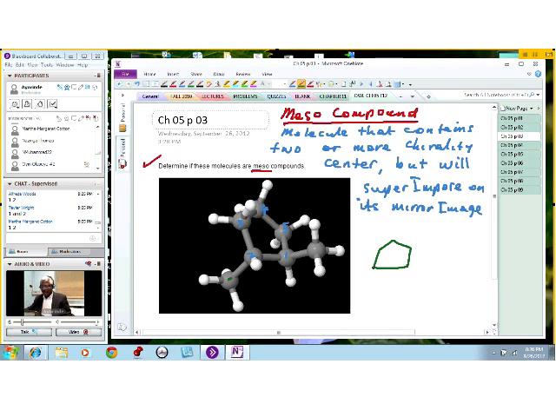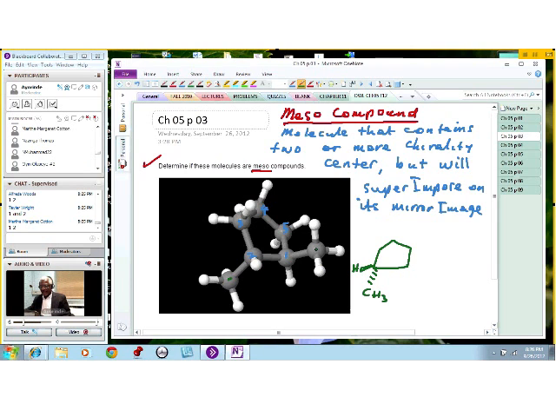This is a 5-member ring. The methyl group is on one side of the ring. That means the hydrogen is coming at you, and the methyl is going away from you.